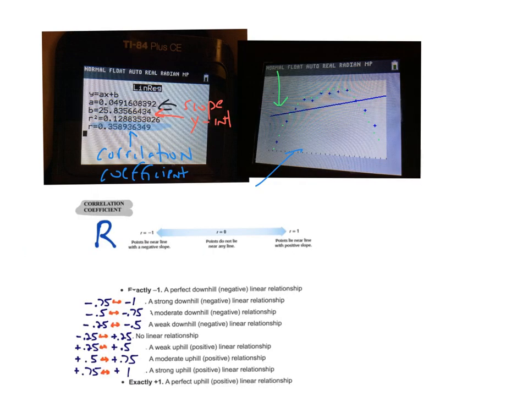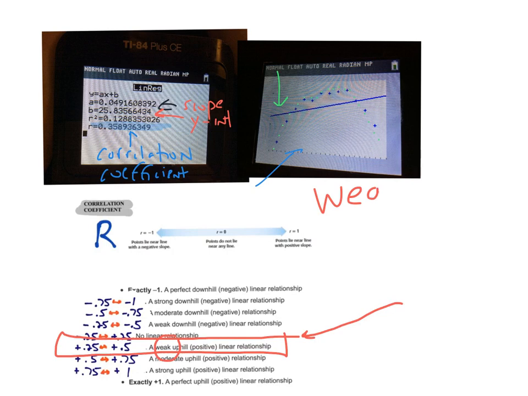Here our R is 0.35, and anytime your R is between 0.25 and 0.5, it's considered to be, in statistics, a weak correlation. So if you had to describe how good of a job this line of best fit does to explain the association we have going on here, we would say there's a weak association.